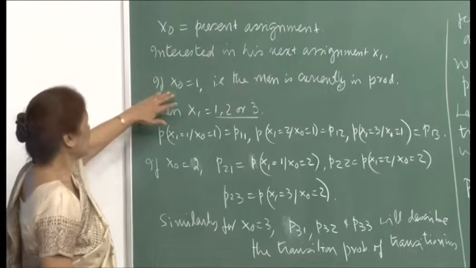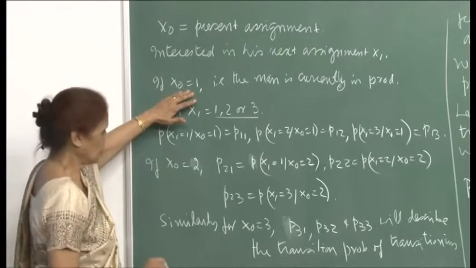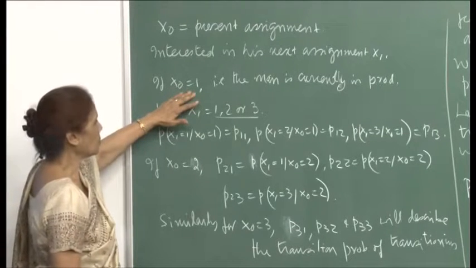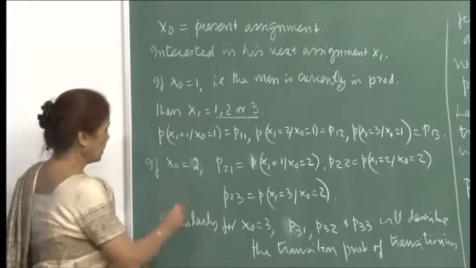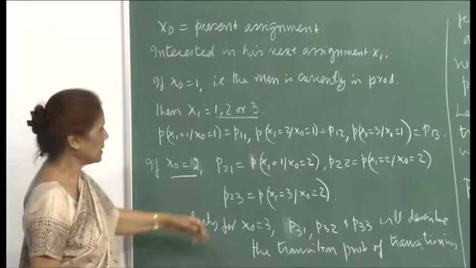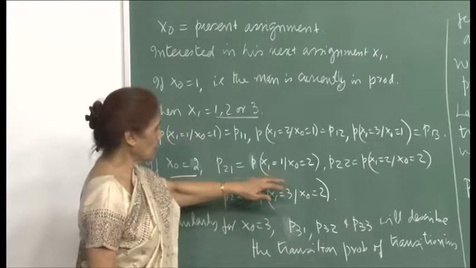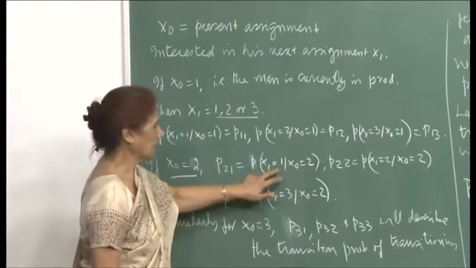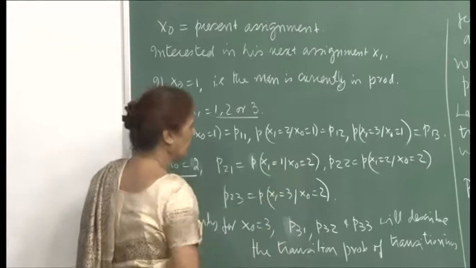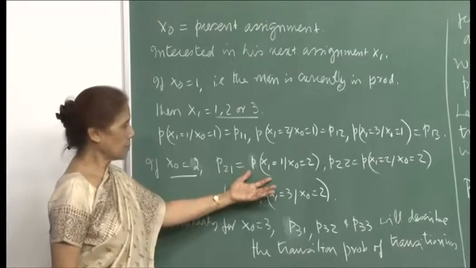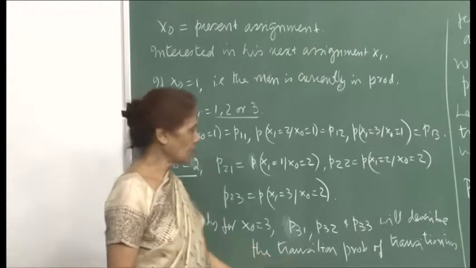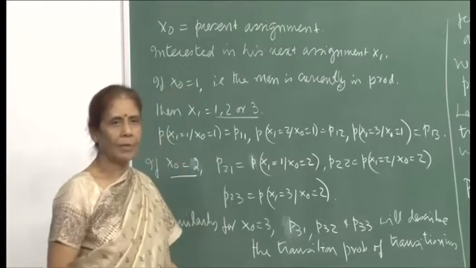If you know where he is at the beginning of the planning horizon, that is if you know X naught is 1, but if X naught is 2, then of course the transition probabilities will be different, in the sense that now what is his probability of going from 2 to 1, so that means he is in HR, and then the probability that he will be assigned to production must be some probability. These are the transition probabilities which describe the assignment process.